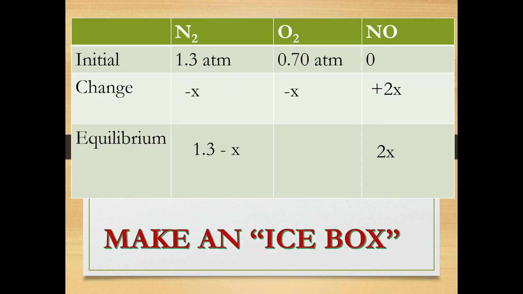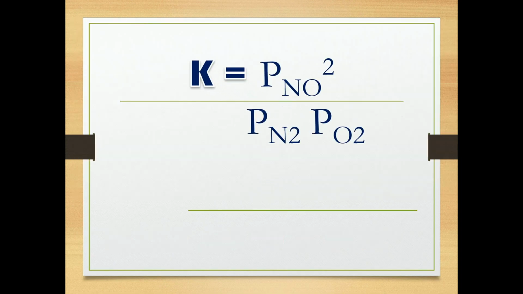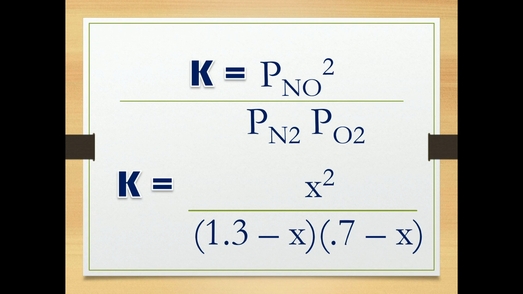Each of these will be minus x, and the question is, can I drop those x's? Can I avoid the quadratic? Well, not only would this give me a quadratic, but I have to do that whole foiling thing of 1.3 minus x times 0.7 minus x.